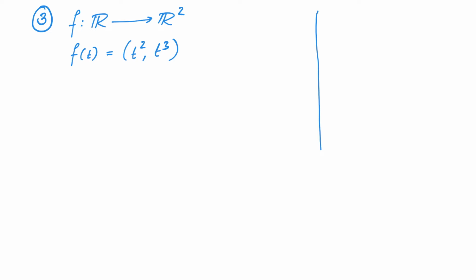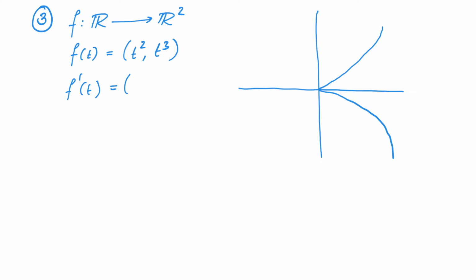If you plot the image of this function, you will notice that the image has a sharp point at the origin. However, the function itself is differentiable as both its components are polynomials, and it's easy to compute the derivative. Namely, it is equal to (2t, 3t squared).